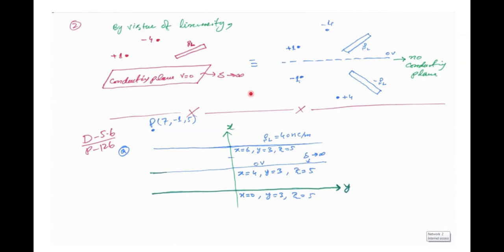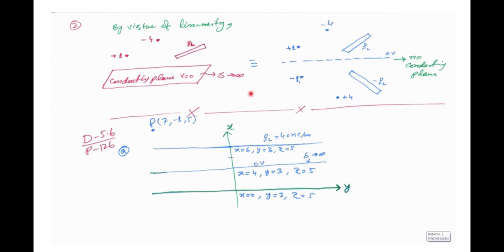Or if a negative charge is located above or below the conducting sheet, then you can locate a positive charge as the image of the given charge.